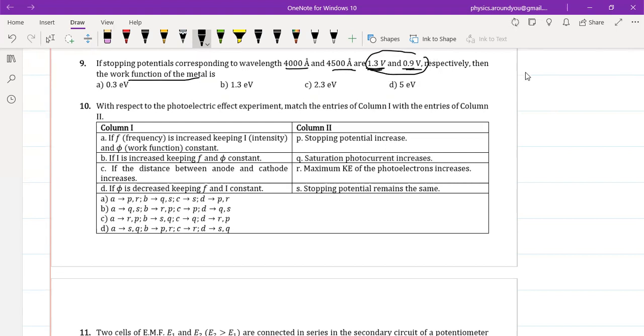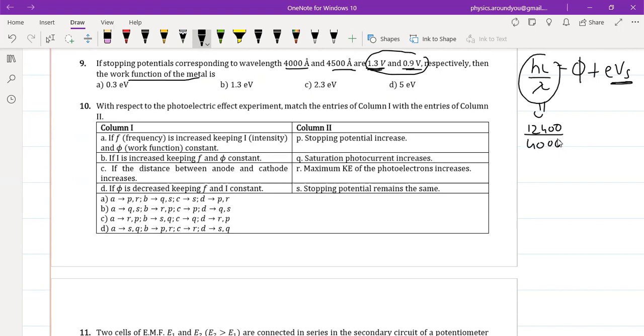We make use of Einstein's photoelectric equation, hc by lambda equal to phi plus eVs, where eVs is the maximum kinetic energy in terms of stopping potential. hc by lambda, I won't use as it is. I will use it as 12,400 by lambda in angstroms, so everything is in angstroms.